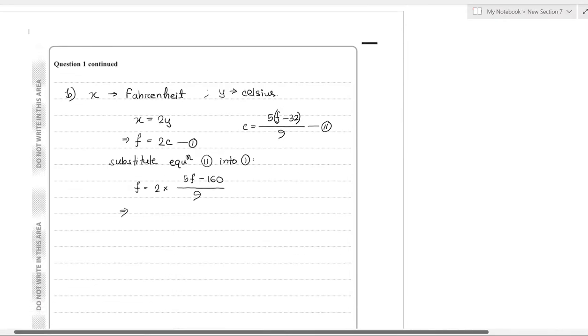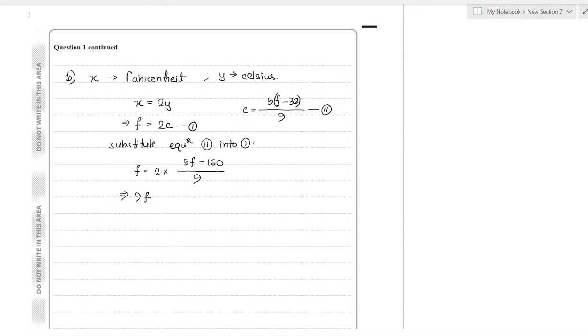If you simplify it, you will have 9F equals 10F minus 320.